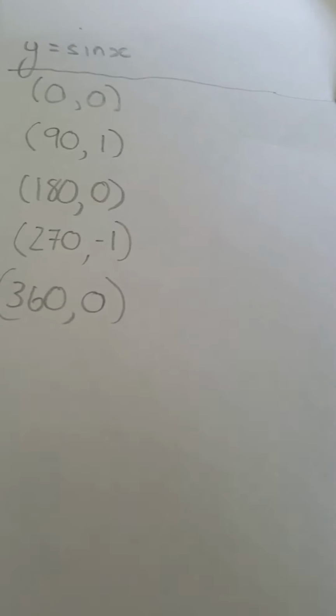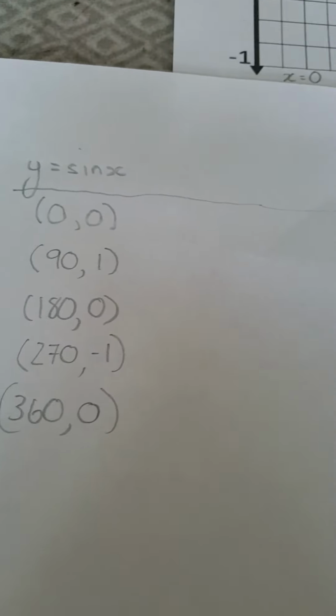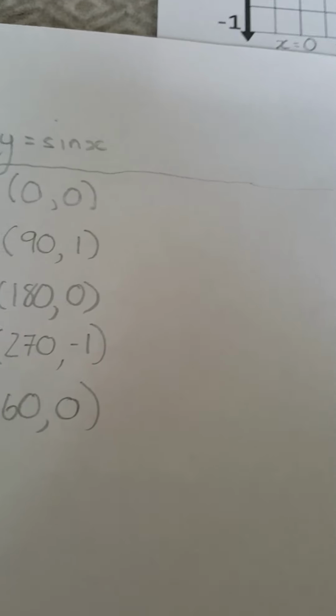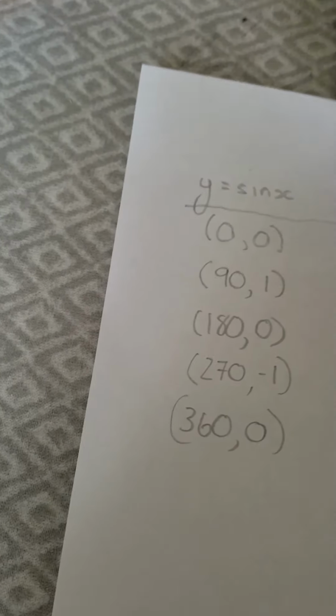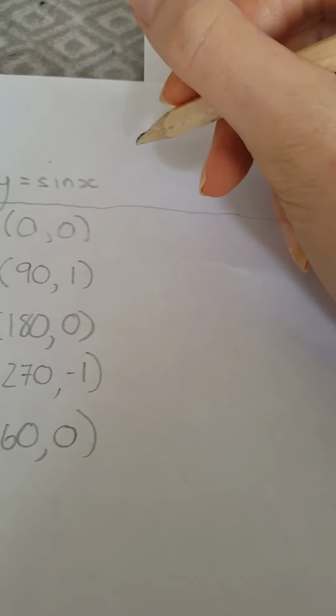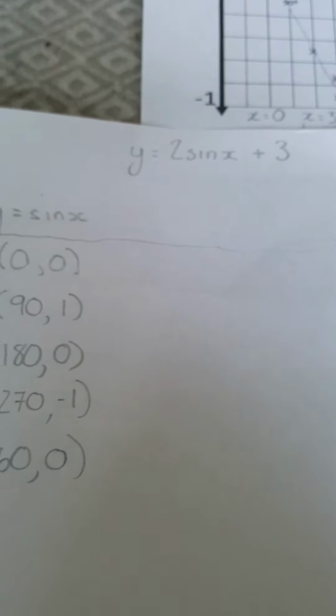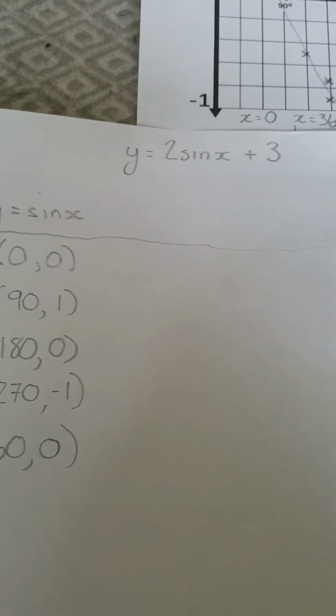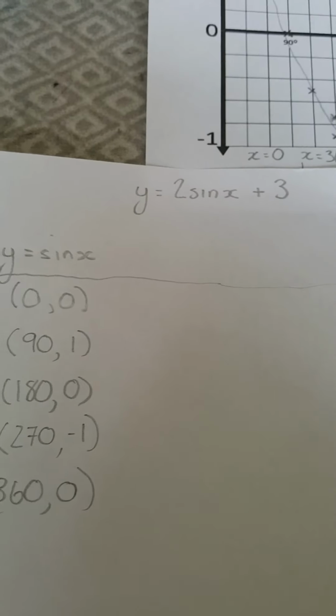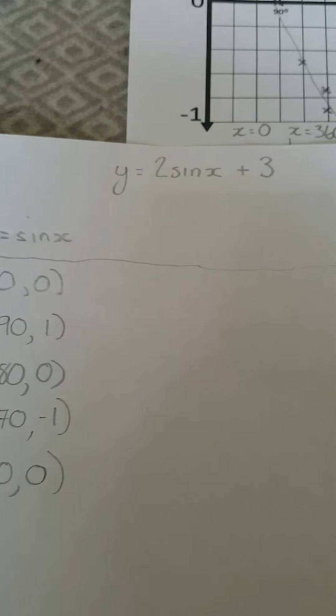If I want to do a transformation of this graph, say I want to draw the graph of y equals 2 sine x plus 3, I'm going to think what that does to these coordinates.